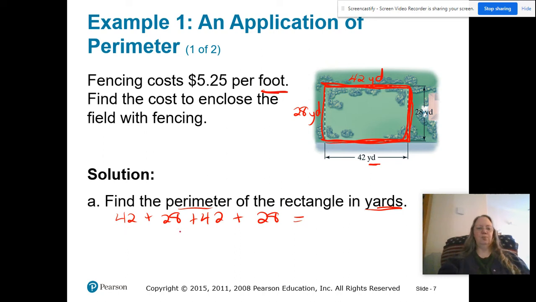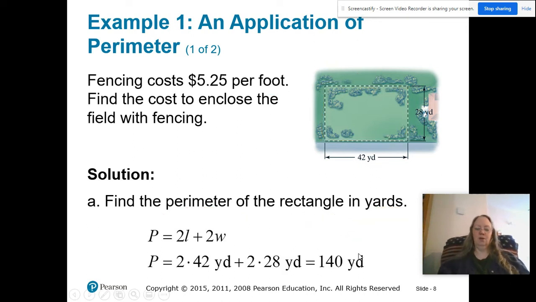So 42 plus 28 will give me 70, plus another 70 should be 140 yards. All right, 140 yards. Once we're done finding the number of yards, keep in mind that the fencing costs per foot. So we need to know how many feet this is, not how many yards.